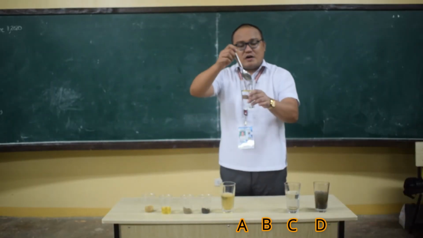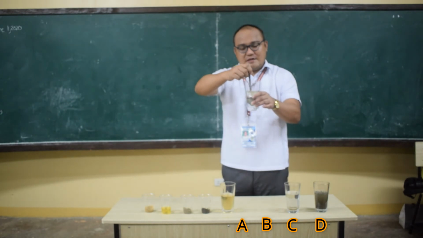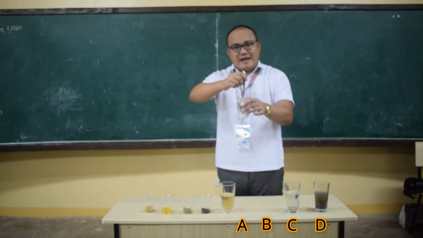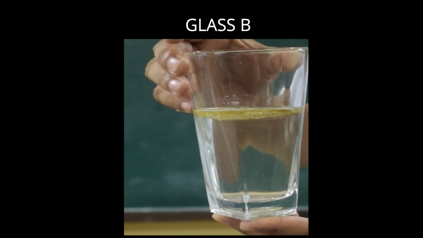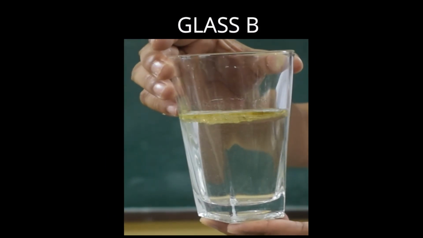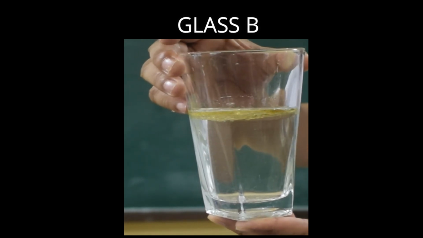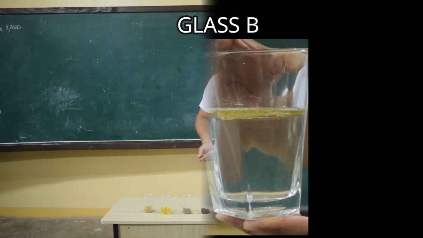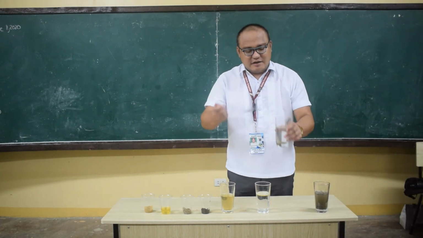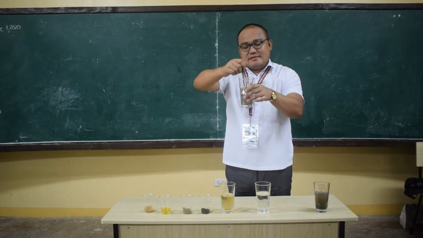Stir the oil and water in glass B. Observe what happened. For glass C, stir the water with sand.